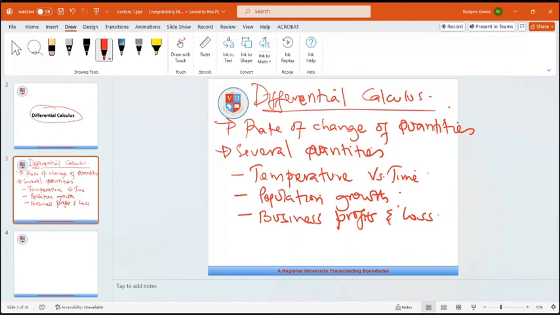A good example: if f(x) equals x squared, and x is 1, 2, and 3, the values of f(x) will be 1, 4, and 9.